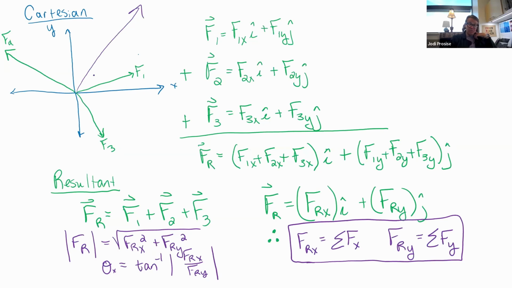And so this would be defining the angle with respect to x. And so then we have our x component here, our y component here, and you can find that angle by taking the opposite over the adjacent, the TOA, the arctangent of FRy over FRx.